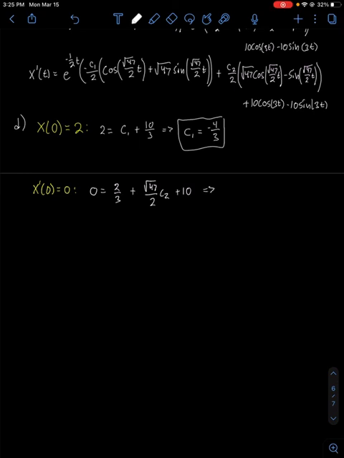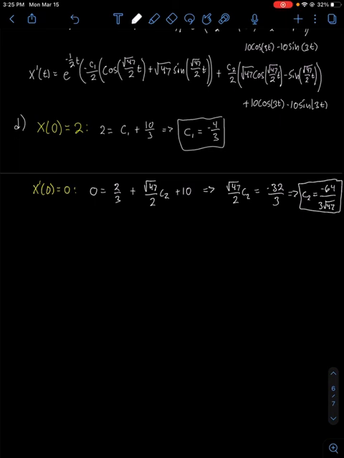So let's rewrite this as the square root of 47 over 2 c2 equals 10 plus 2/3, which is 30 over 3 plus 2/3 is 32 over 3, so it's minus 32 over 3, which means that c2 equals 2 times negative 32, which is negative 64 over 3 times the square root of 47.